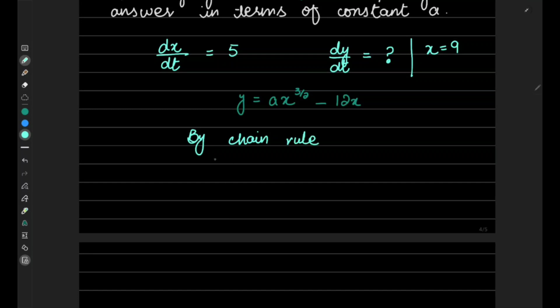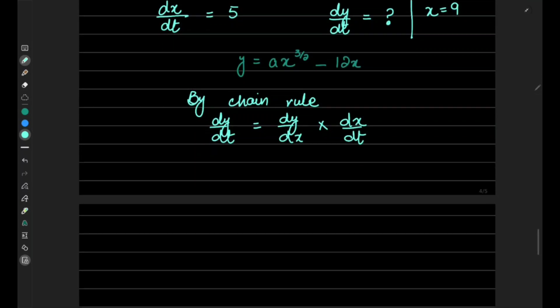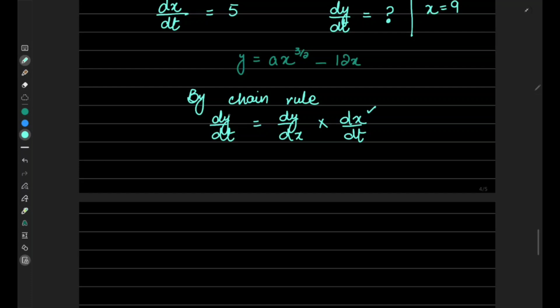We know dy over dt is equal to dy over dx times dx over dt. We know dx over dt, dy over dt we need to find, and we first find dy over dx by differentiating this equation.